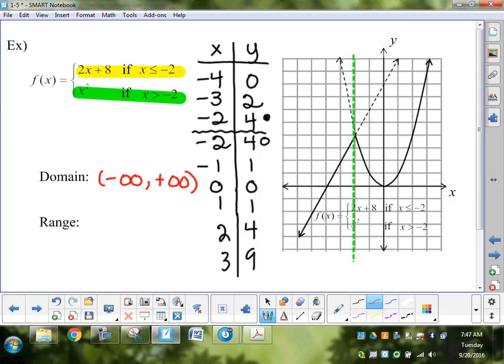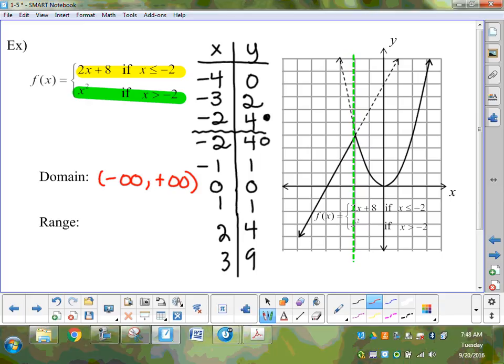Hands up, please, if you can tell me what your range on this graph would be. Johannes, what do you say? Terrific. It's unbounded above and unbounded below. Questions on that?